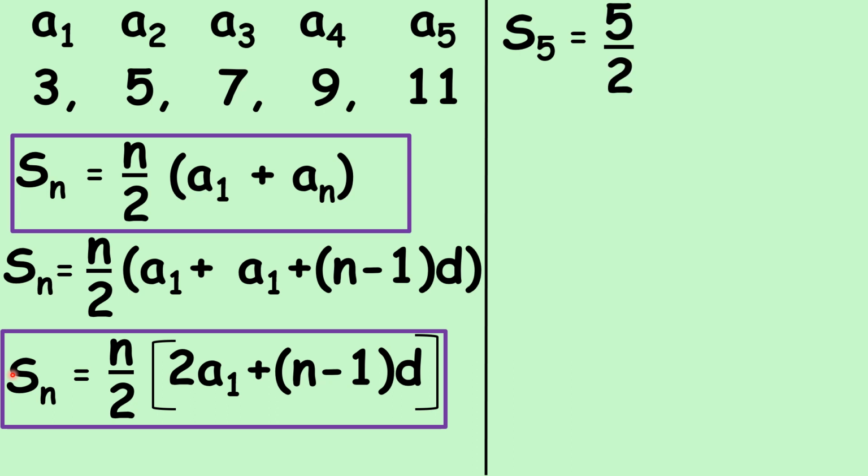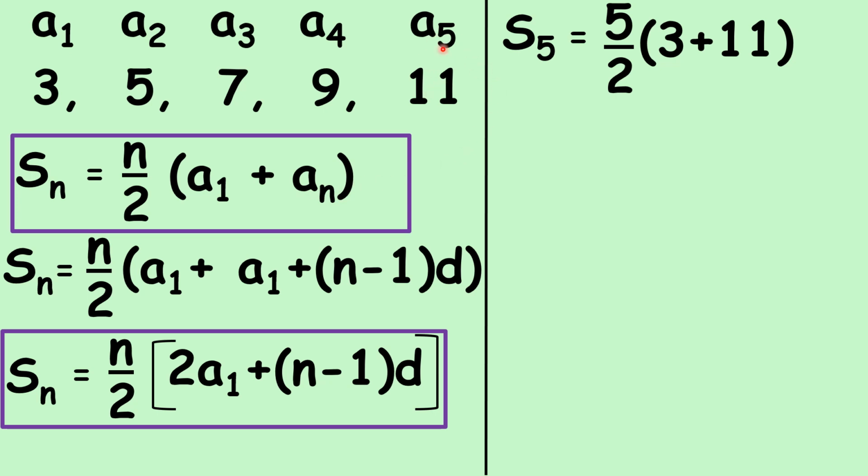We will substitute. So what we are doing simply is to use this first equation. So we have n over 2, and our n is 5 because we are finding the sum of the first 5. So we have n over 2, that's 5 over 2. And then a1, we said our a1 is 3. a1 is the first term, so we put 3 here. Then our an is the last term.